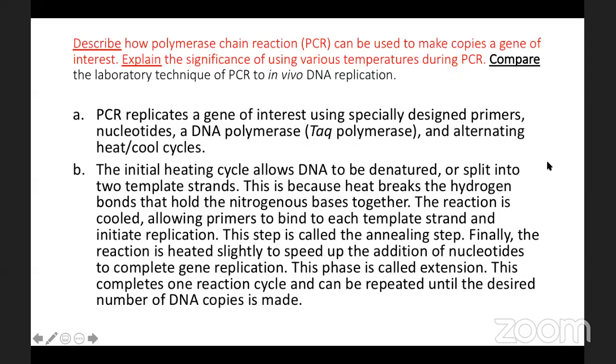So you effectively are going to have to explain what is happening at each of those three steps that I just described. So you're going to need to describe the denaturing step, the annealing step, and the extension step. And you're going to need to explain what is happening to the molecules. And I would try and use the vocabulary here. So try and know the words denature, annealing, and extension.